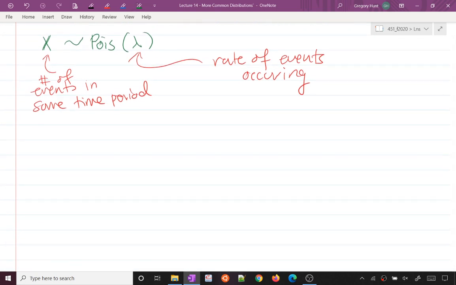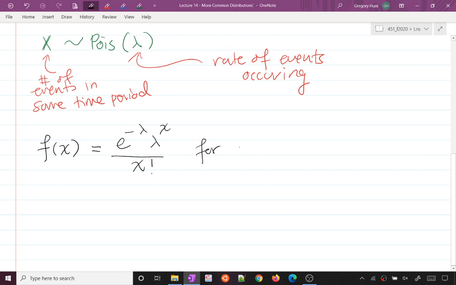So when we say x has a Poisson distribution with a rate parameter lambda, what we mean specifically is that the PMF, in this case, little f of x, has the following form. It's e to the negative lambda, lambda to the x over x factorial, and this is true over our support.